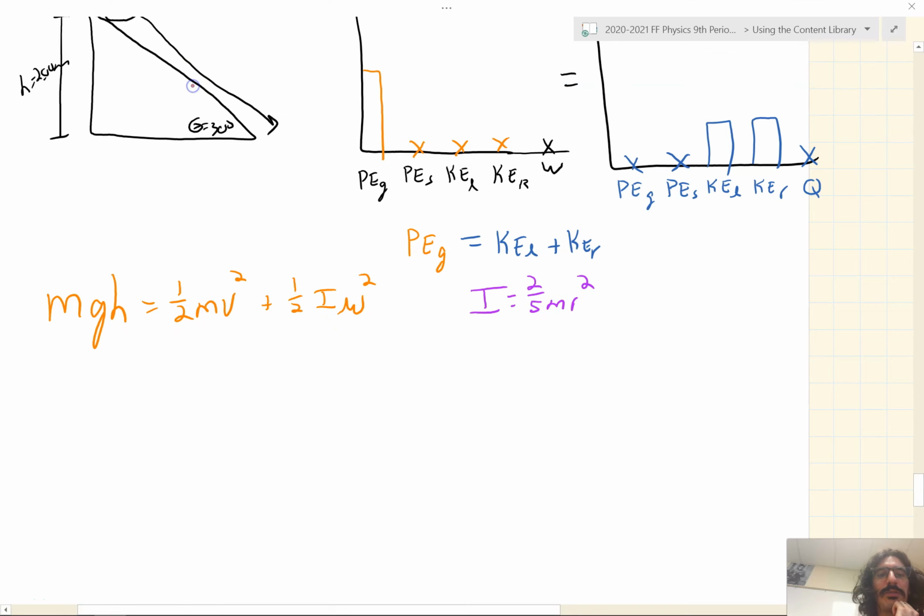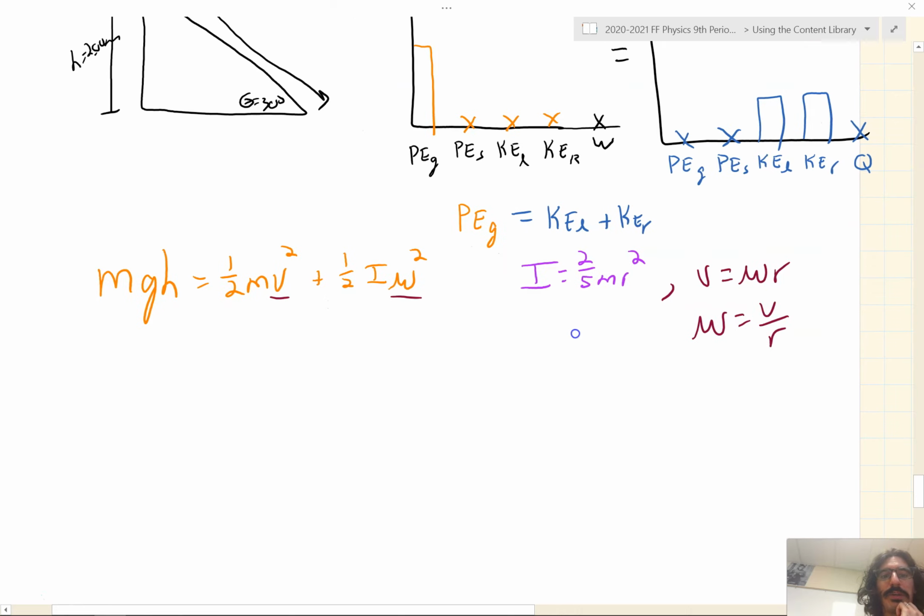And then also we have a v and an omega, and we want to solve for the linear velocity. So what we could do is convert omega into linear velocity using the formula v equals omega r, which means omega will equal v over r.